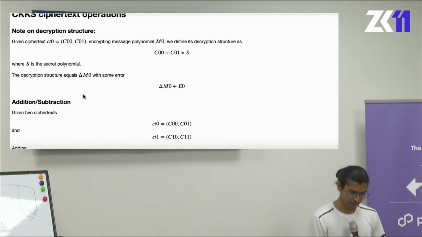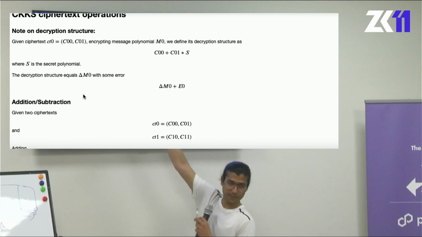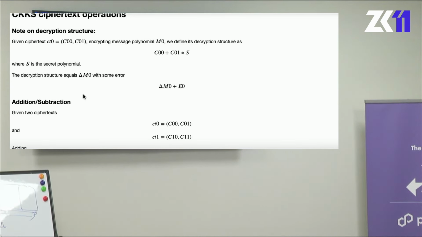Before we do that, I would like you to imagine the decryption structure of the ciphertext. Since the ciphertext was B equals A S plus E plus delta M, and A was simply this, the decryption structure of this is B minus AS.